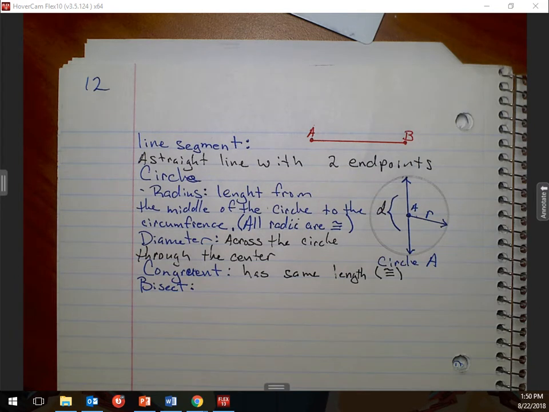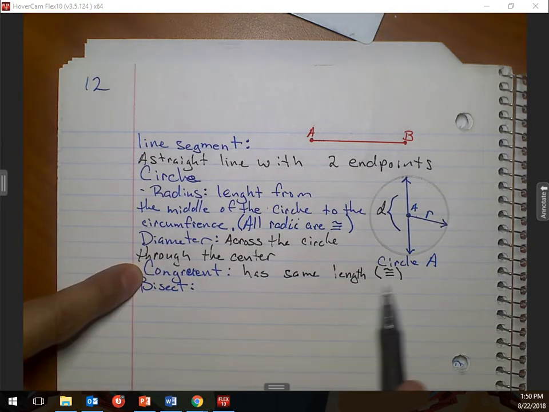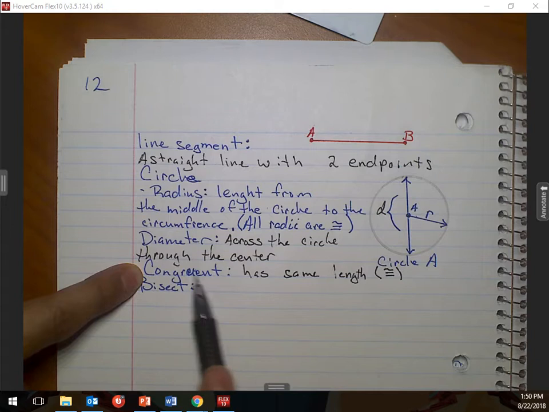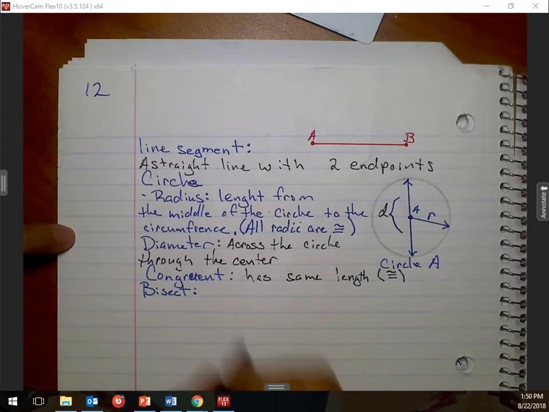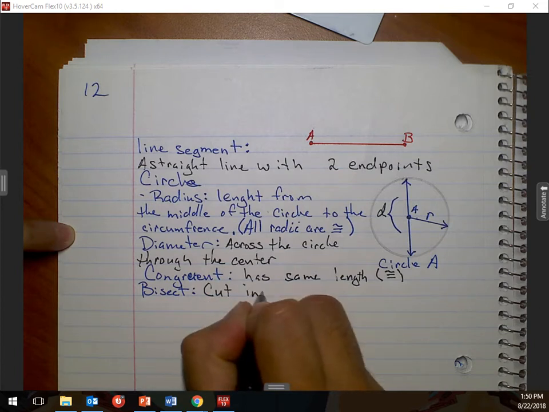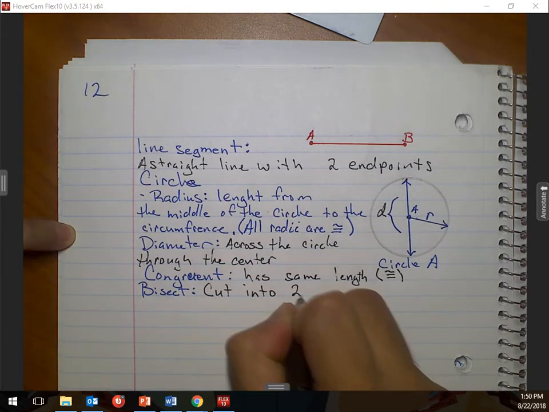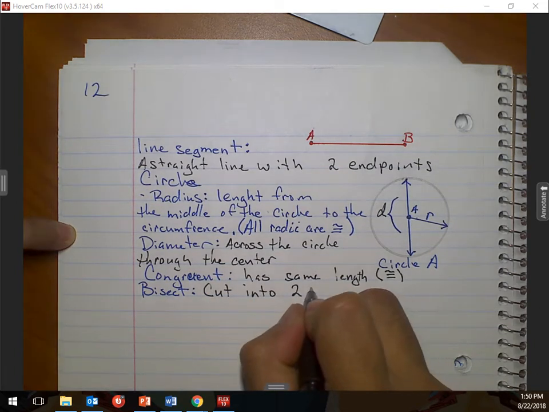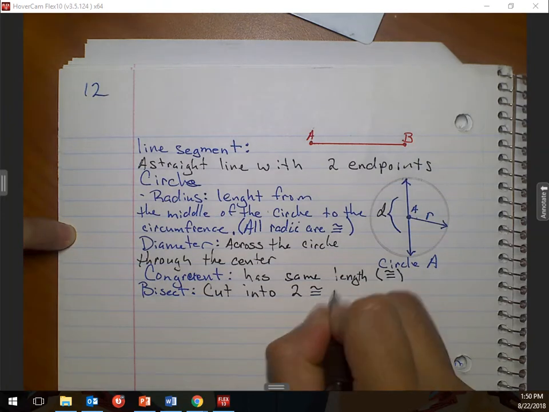A little bit more. Center. Split in two, center. But what do I know about my two parts? Equal. So now we split into equal parts. Two equal parts, right? But now let's use the math term for it. Congruent. Two congruent parts. Very good. Okay, so cut into two congruent parts.